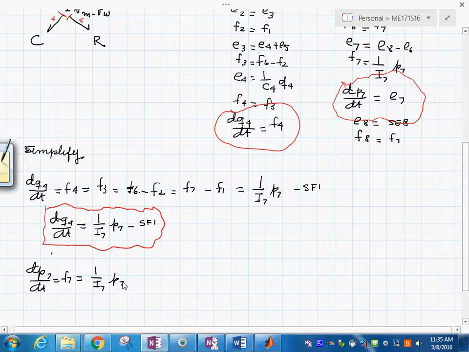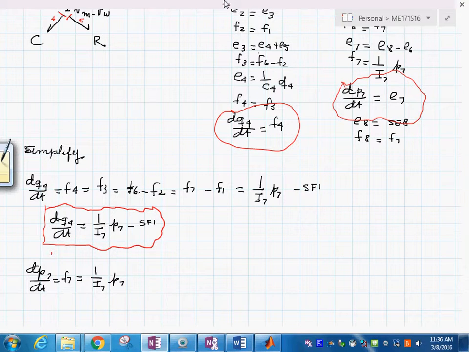But E7 is E sub 8 minus E sub 6. And then what is E sub 8 over here? Do you see it? Yeah, it's SE8, right?